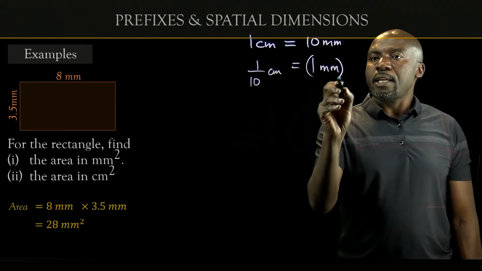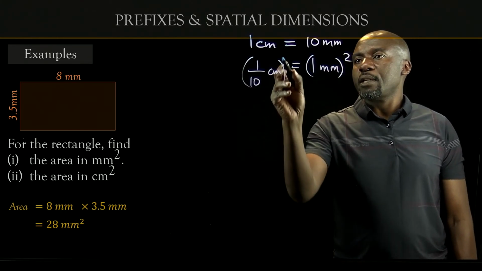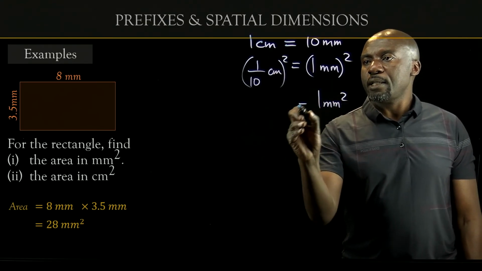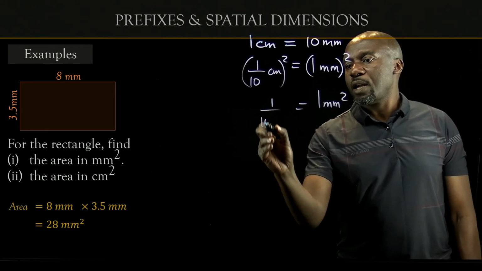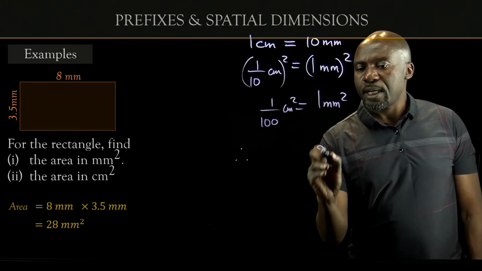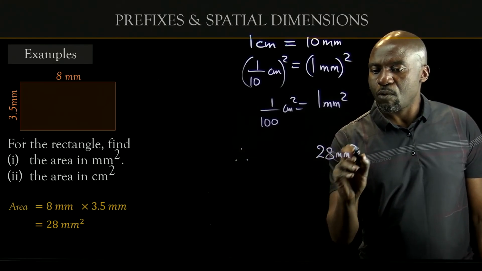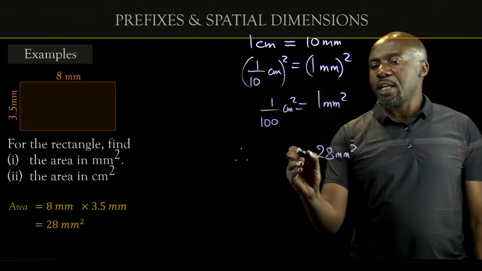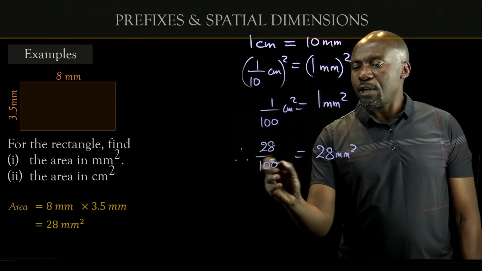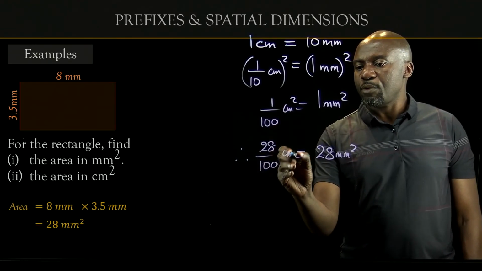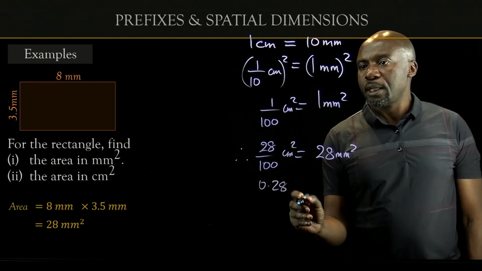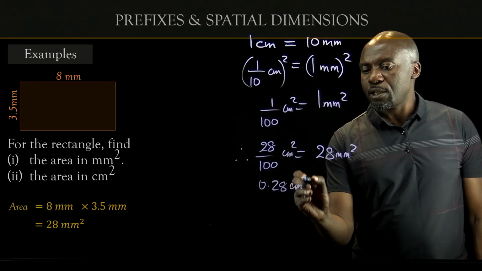So if I square this, then I must square this. Okay, so 1 millimeter squared is the same as 1 over 100 centimeters squared. Therefore, 28 millimeters squared, which we found here, must be the same as 28 times 1 over 100 centimeters squared, and we get 0.28, right, centimeters squared, like that.